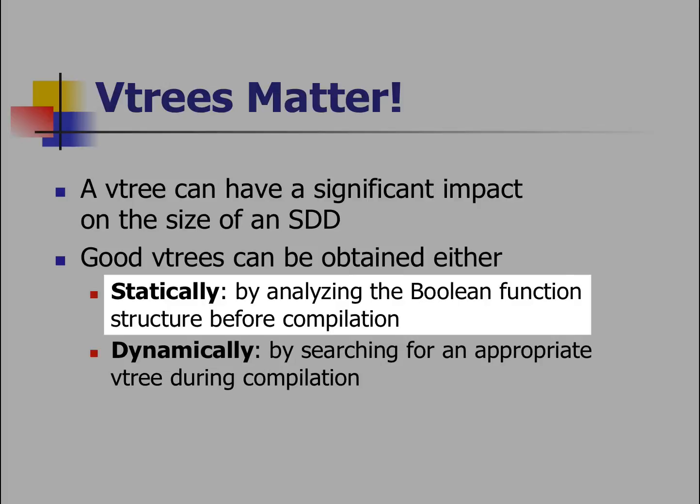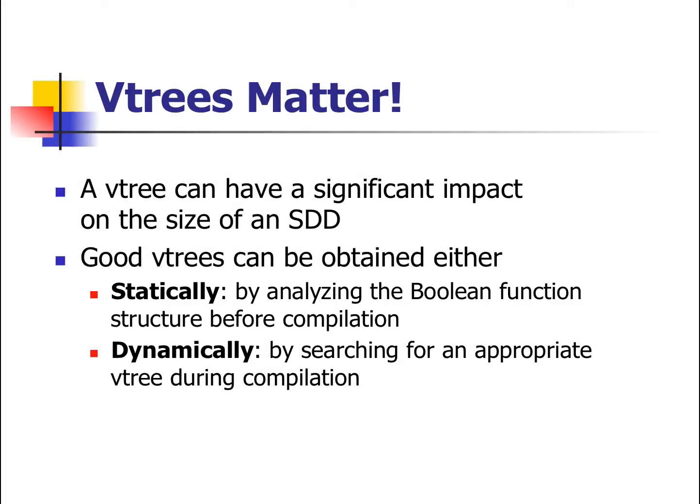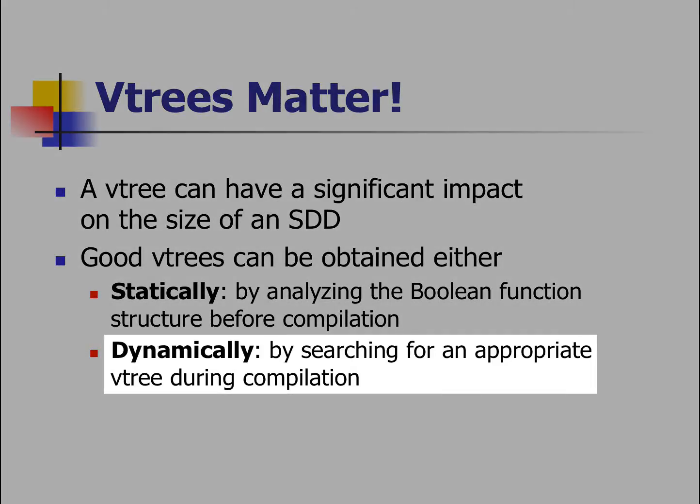That is, we usually abstract the Boolean formula into some kind of graph and do some graph analysis to find a Vtree, and then we just use that one Vtree to do the bottom-up compilation. The other method, which is dynamic construction of Vtrees, which we will focus on in this tutorial, is to choose the Vtree dynamically during the compilation process.